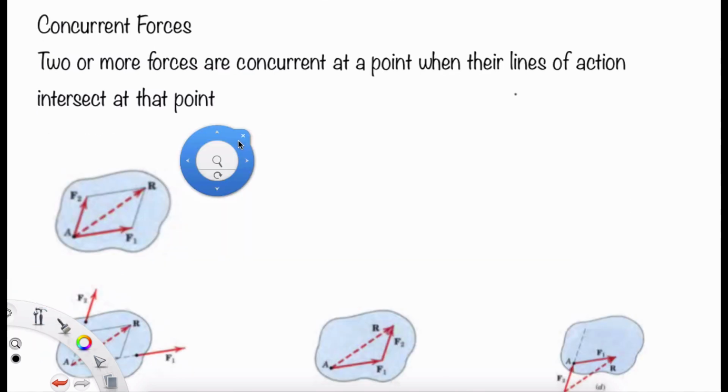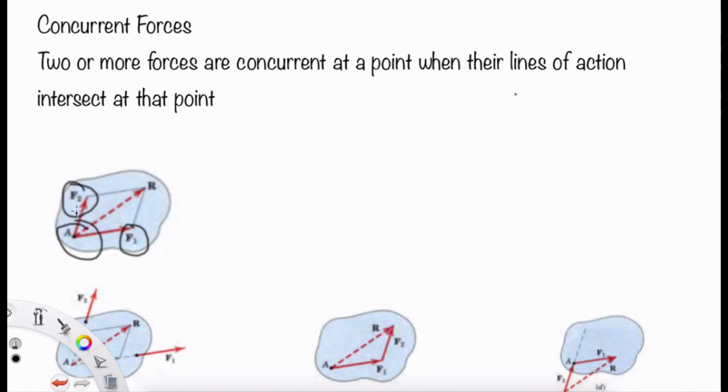Concurrent forces are two or more forces whose lines of action intersect at a point. For example, I have F1 here and F2 here, and they intersect at one point.